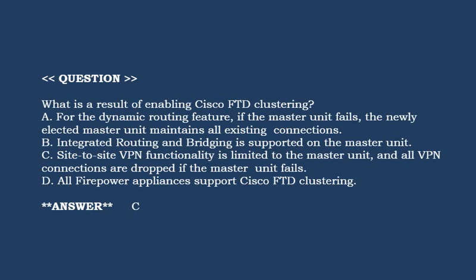Option C. Site-to-site VPN functionality is limited to the master unit, and all VPN connections are dropped if the master unit fails. Option D. All Firepower appliances support Cisco FTD clustering. Correct answer is option C.